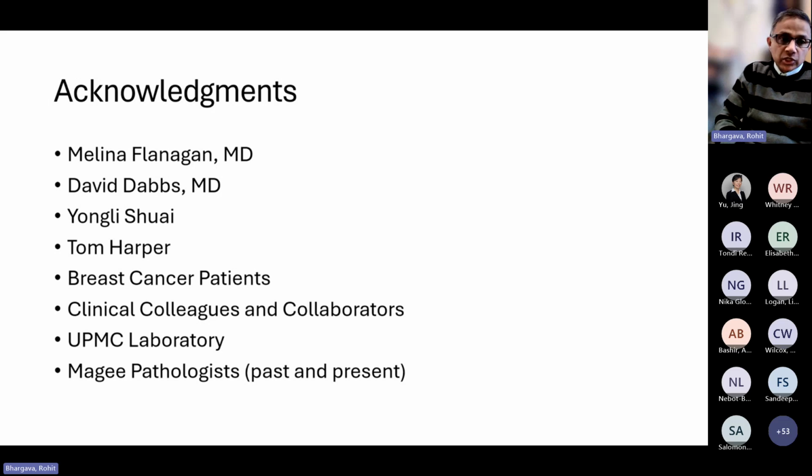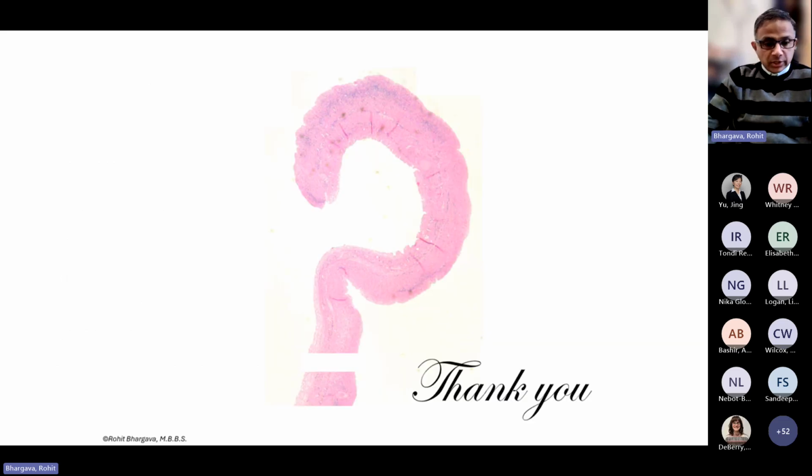The breast cancer patients who sought treatment at our hospital, we are highly indebted to them, our clinical colleagues and collaborators, the UPMC laboratory, and last but not least, the Magee pathologists, my colleagues, who have meticulously worked on providing the H-scores and the Ki-67 proliferation index on every breast cancer newly diagnosed here at Magee, without which none of this was possible. Thank you very much, and I'll be happy to take any questions.